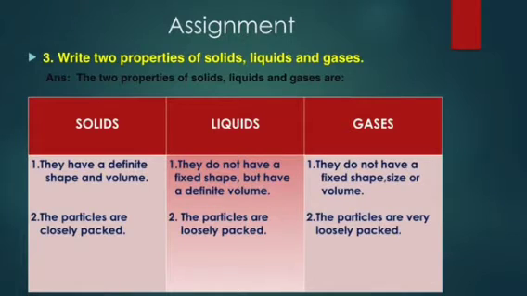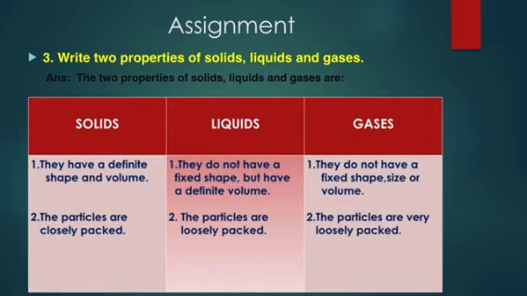Third main, write two properties of solids, liquids and gases. Answer, the two properties of solids, liquids and gases are: solids, they have a definite shape and volume. The particles are closely packed.